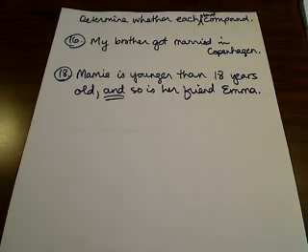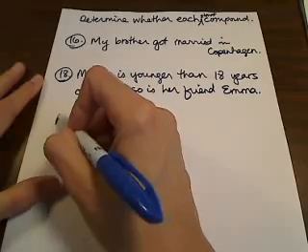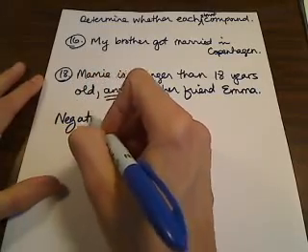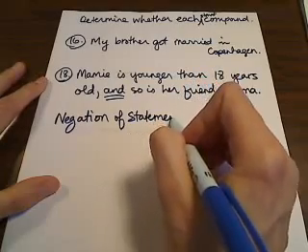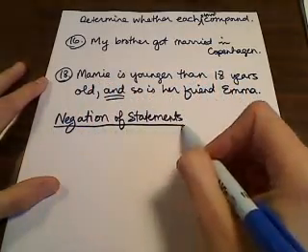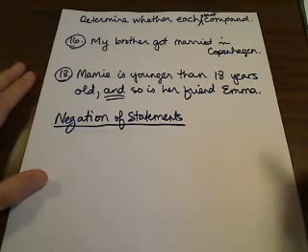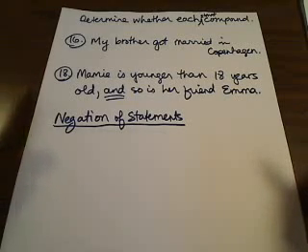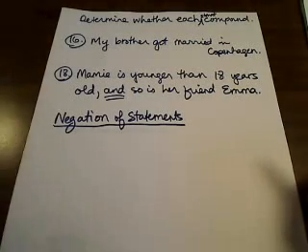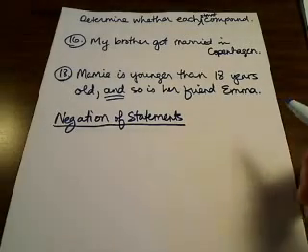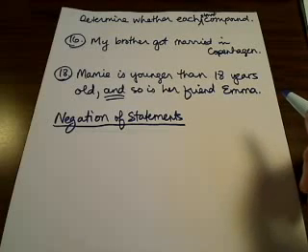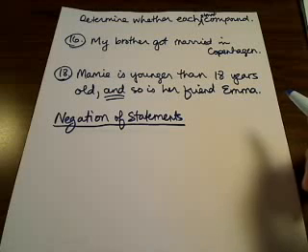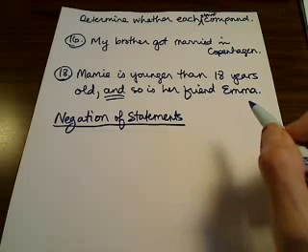Okay. All right, so the next thing that we want to talk about is the negation of statements. And when we negate statements, some of this is very intuitive and some of it's not. When you try to negate something in the English language, if you're saying something is, then you would say it's not in order to negate it. And that's pretty straightforward.